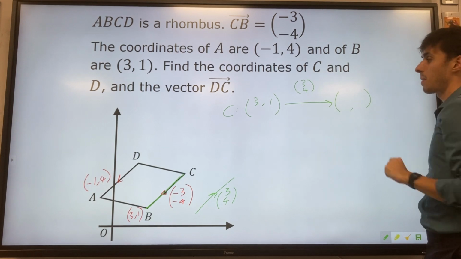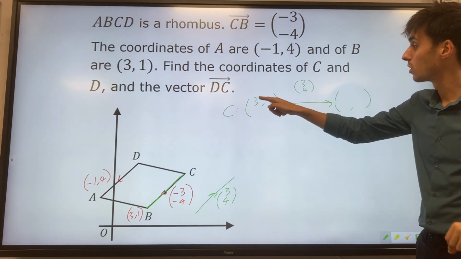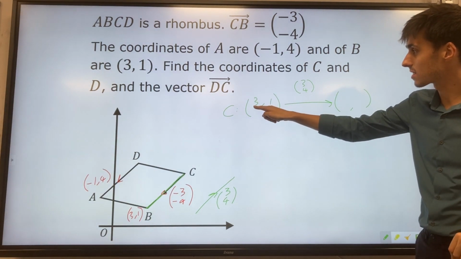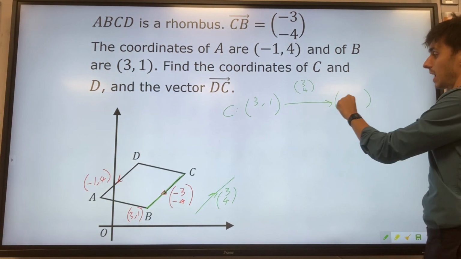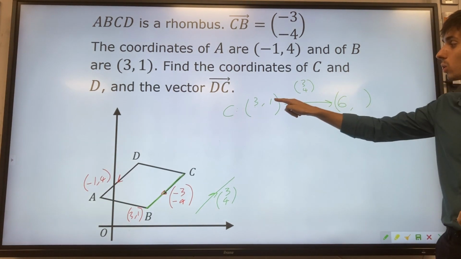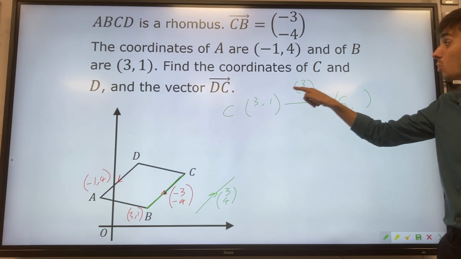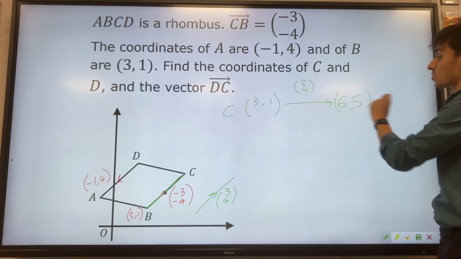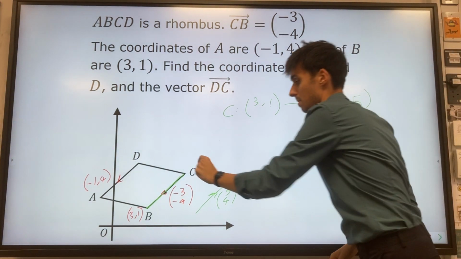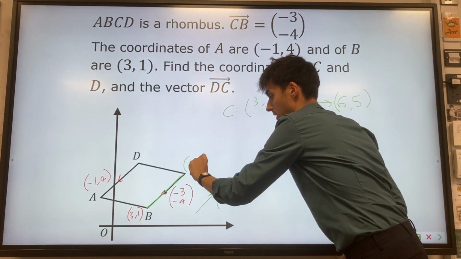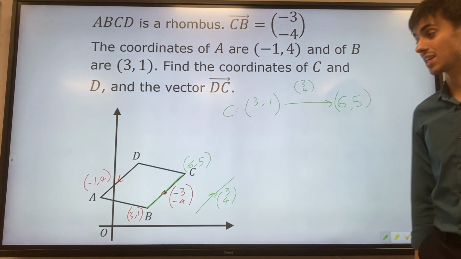See what point we end up at, or look at our first numbers. We started at 3 on the x-axis. We've added 3, that will take us to 6. On the y-axis, we started at 1, we've added 4, that will take us to 5. So I'm adding in 6, 5 on point C.